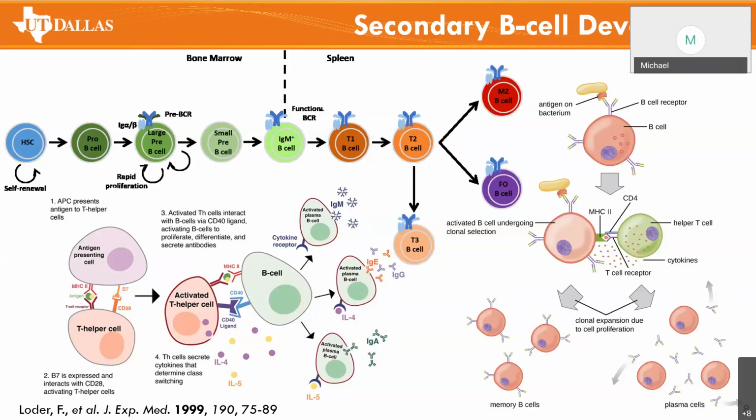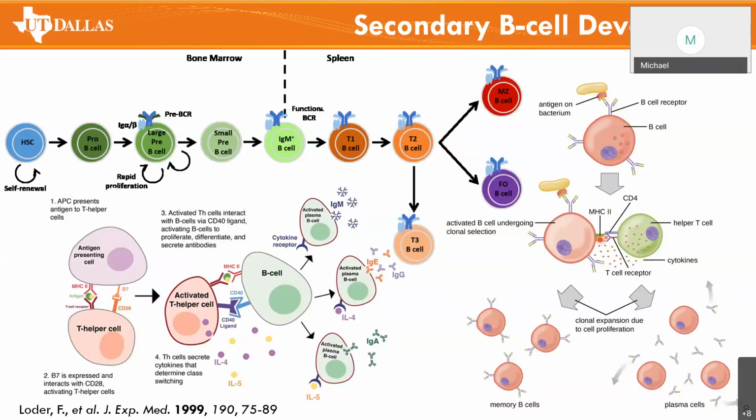And so these different subsets of B cells, now considered mature, naive B cells because they're not activated by a pathogen yet, can activate in two ways. One, the B cell can receive the pathogen first through its B cell receptor and then phagocytose it. And they will display this on their MHC2 molecule to present it to a CD4 helper T cell.